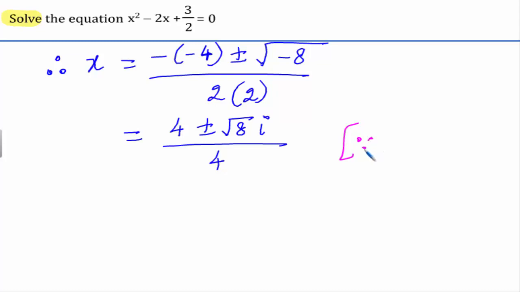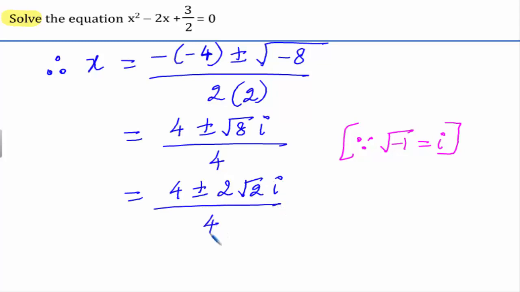Since root over minus 1 is equal to i, we have replaced root over minus 1 by i here. So this will be equal to 4 plus or minus 2 root 2 i divided by 4.